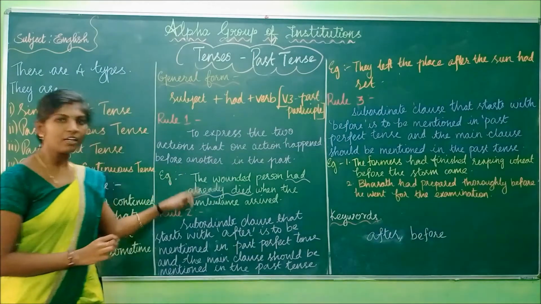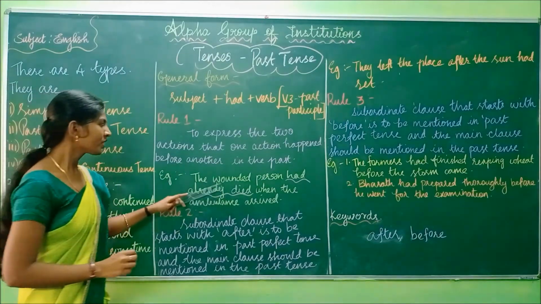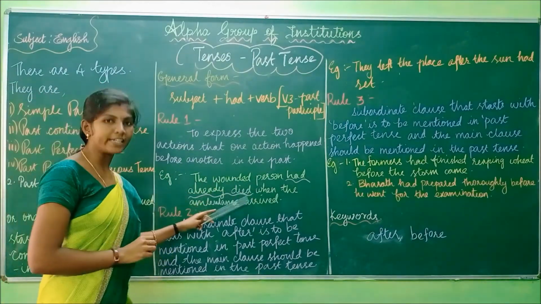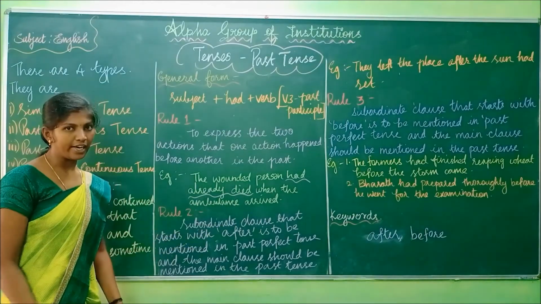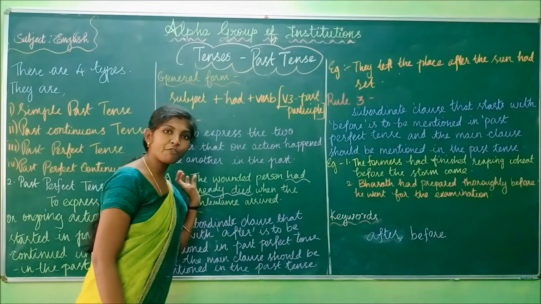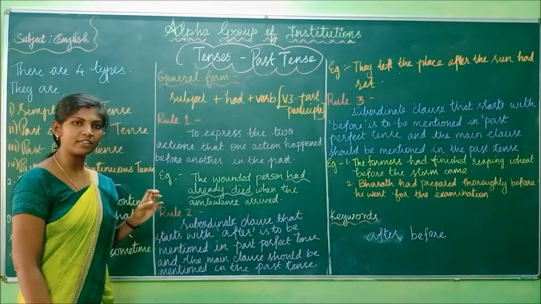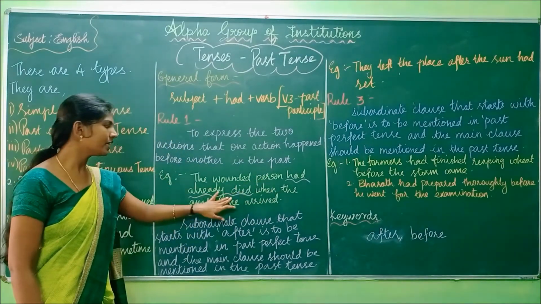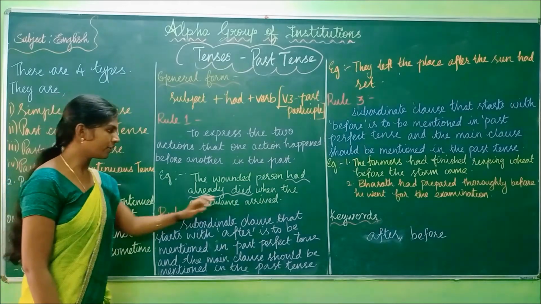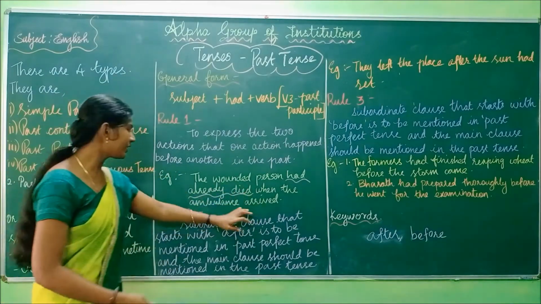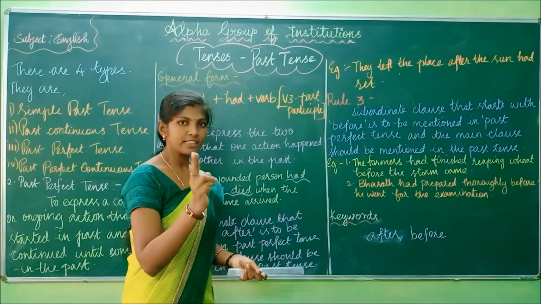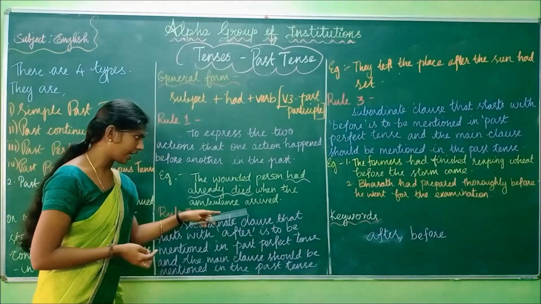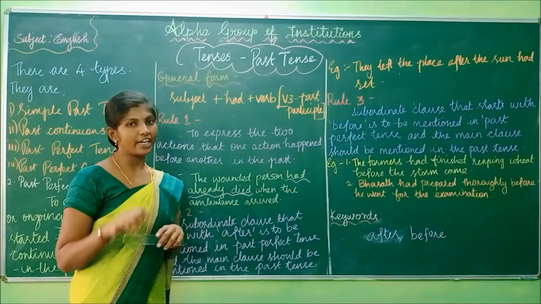Already is the word for the situation given here. So which is the first action that happened here? The wounded person had already died, before the ambulance arrived. When the ambulance arrived, the wounded person had already died.